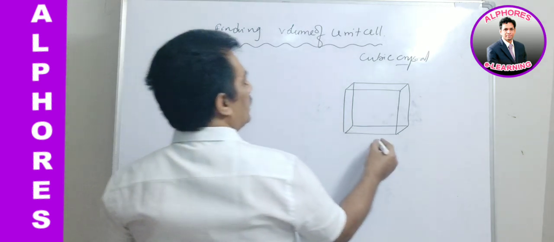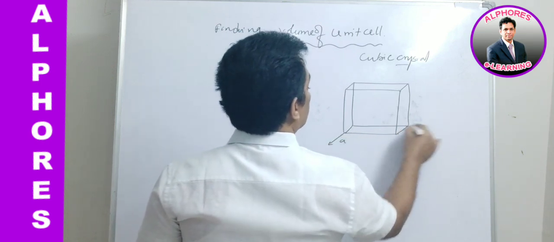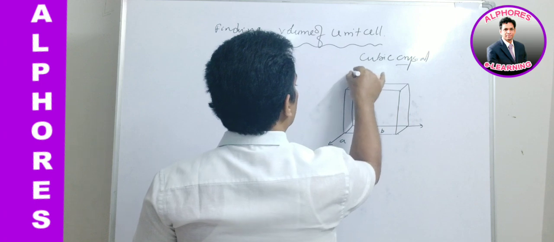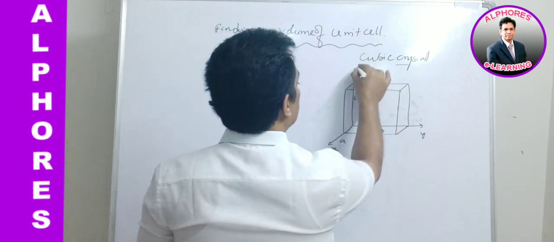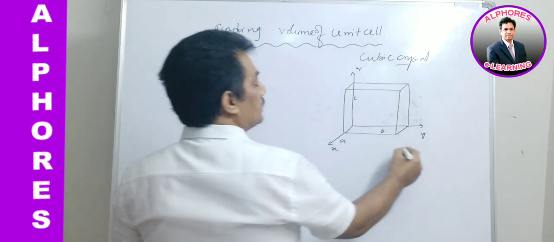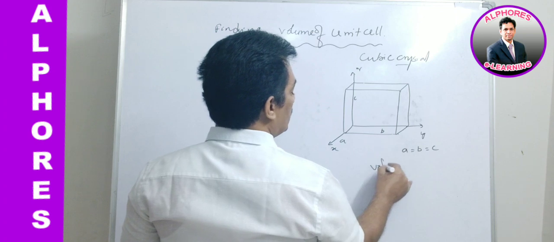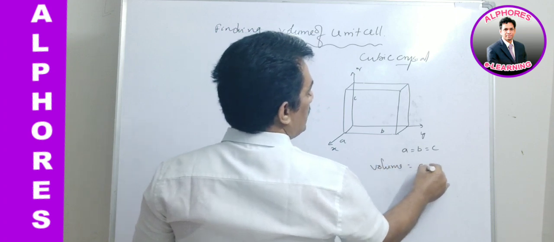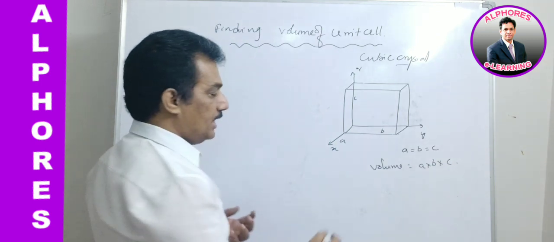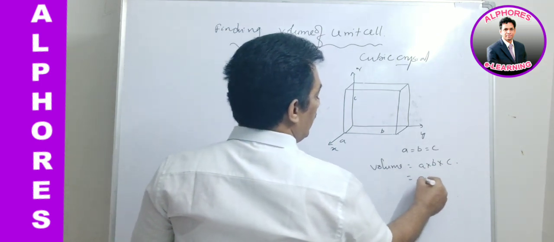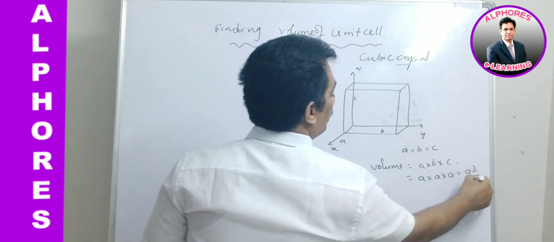And now, say for example, if it is a, and if it is b, and it is c, along the X axis, Y axis, Z axis. Here we are considering a is equal to b is equal to c, but volume is nothing but a into b into c. All these three are equal, and thereby we can consider this as a into a into a, that is a cube.